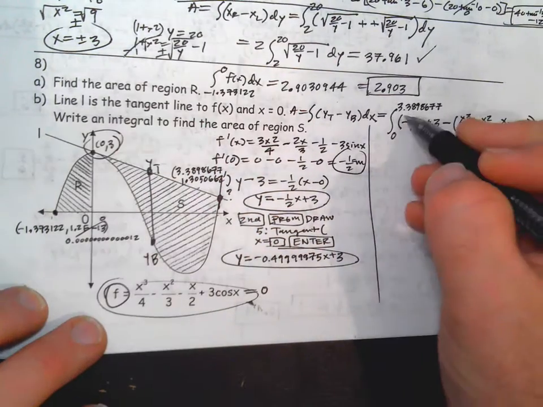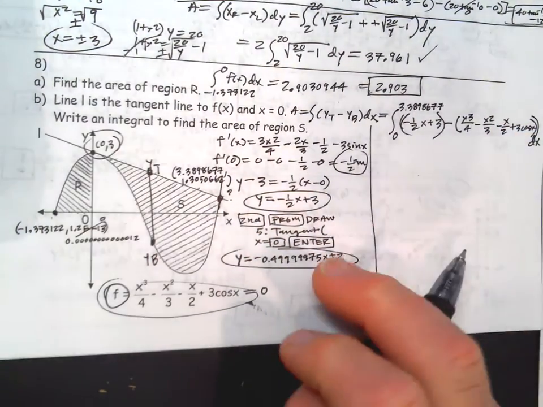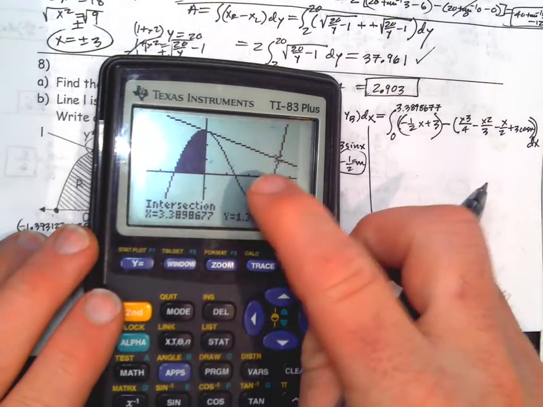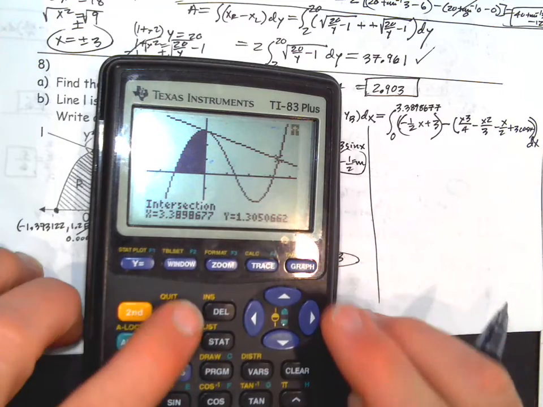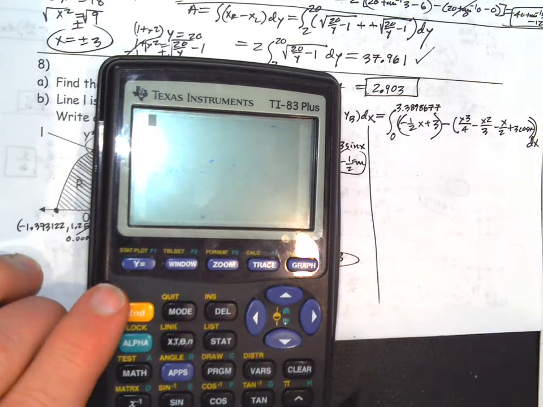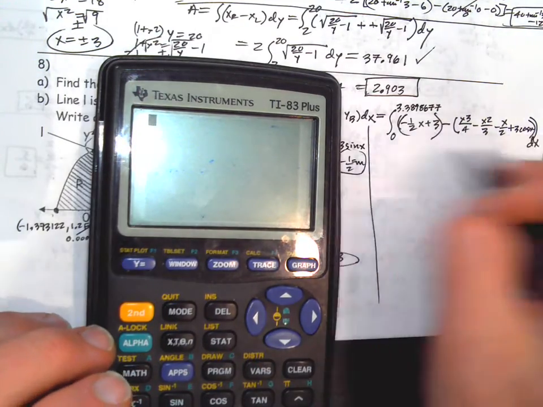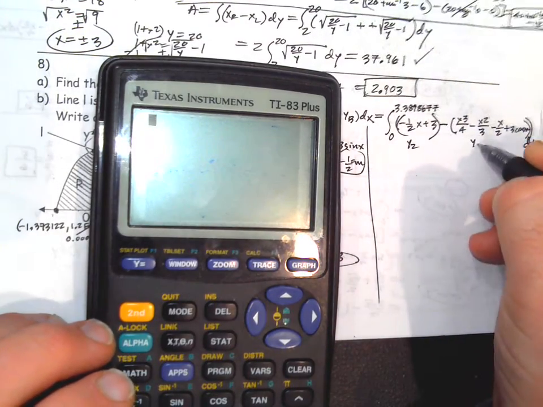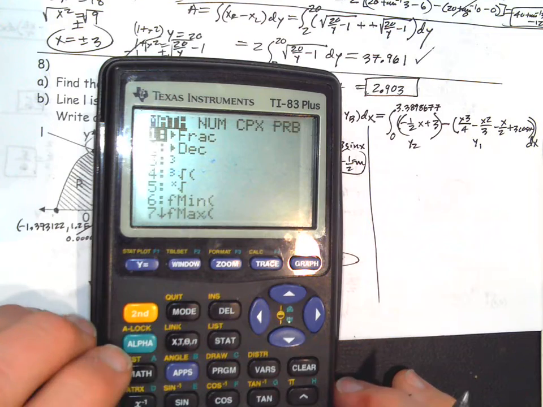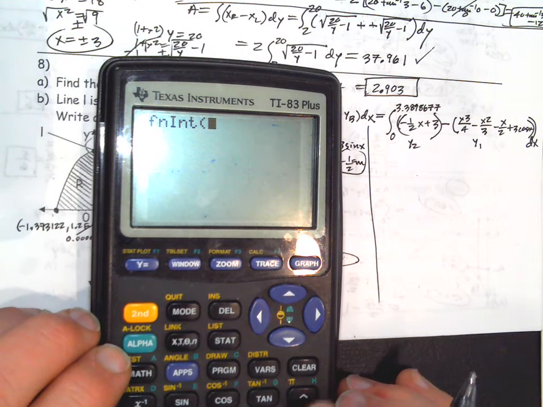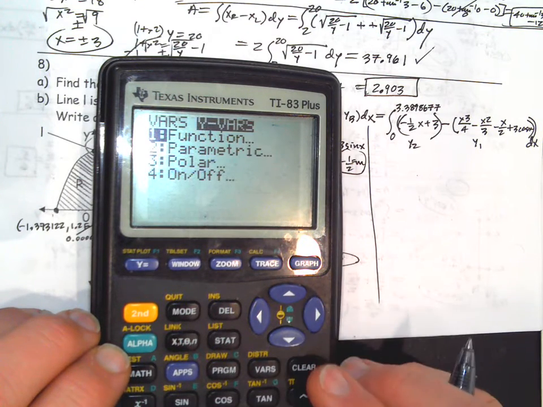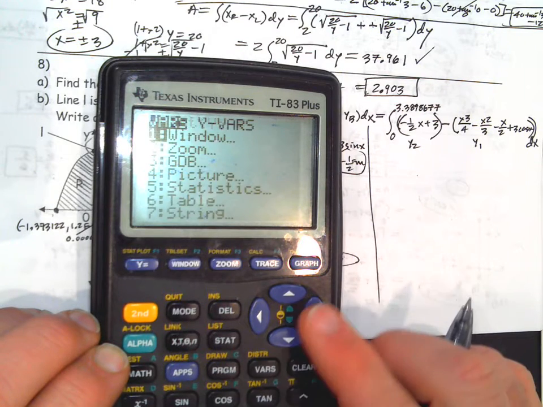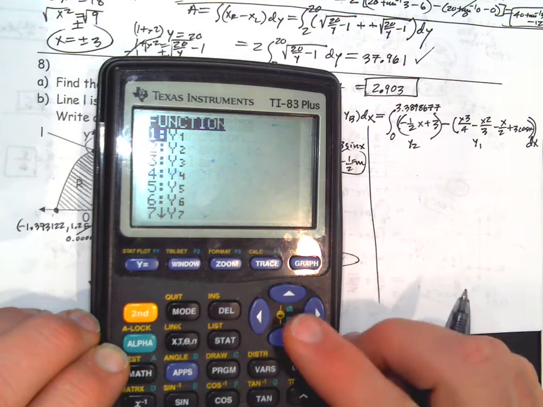So what I'm going to do now is put this in and do this calculation. Our graphs can only do derivatives or integrals of one function at a time. But if we go to this menu, math 9, we can do as many as we want. We can do this all in one line. Remember, this is y2, and this is stored in y1. So I'm going to do math 9, and I'm going to say vars, y vars, function y2 minus vars, y vars, function y1.